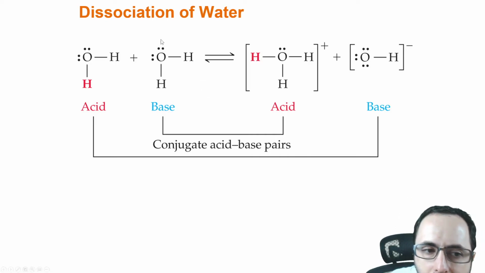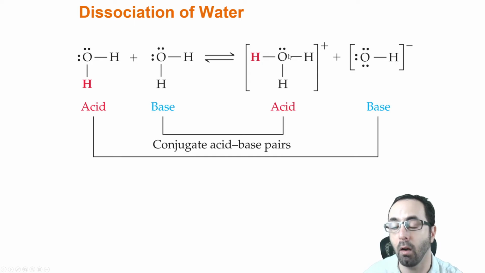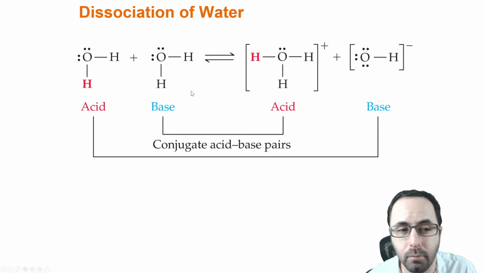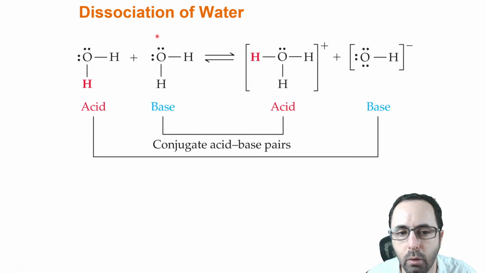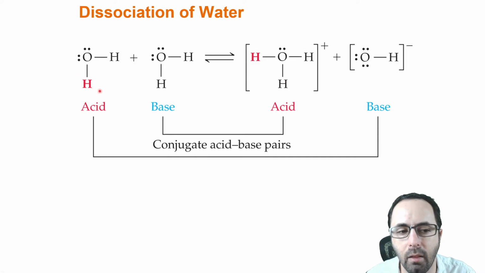And that is that water itself can make hydronium and hydroxide, and all these acids and bases are reacting with water in order to produce hydronium and hydroxide as well. One water molecule here can give a proton to another, and hydronium is created, and for the acid that lost the H+, hydroxide is created.